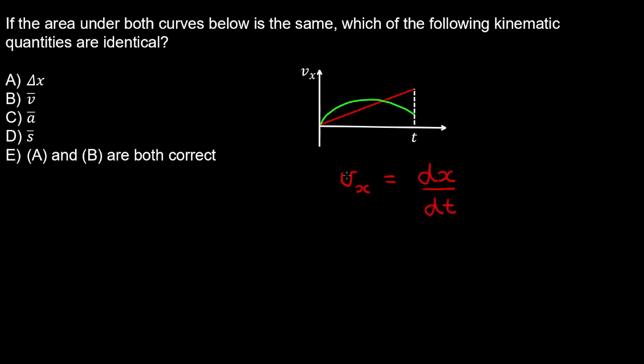And if you separate the variables, so we have dx is vx dt, and integrate both sides, we have the quantity on the left hand side being the displacement, or change in position between two endpoints of a motion interval, and on the right hand side we have the area under the velocity time curve.